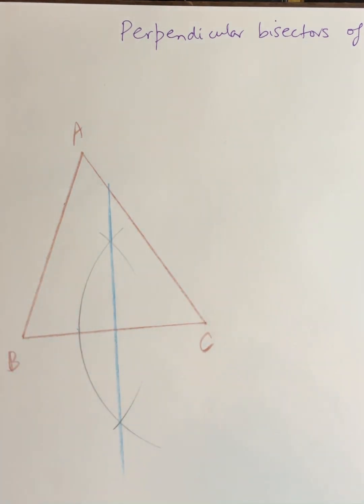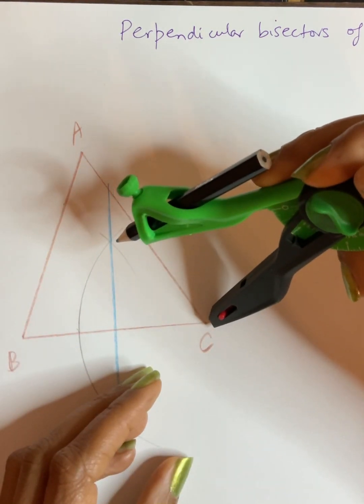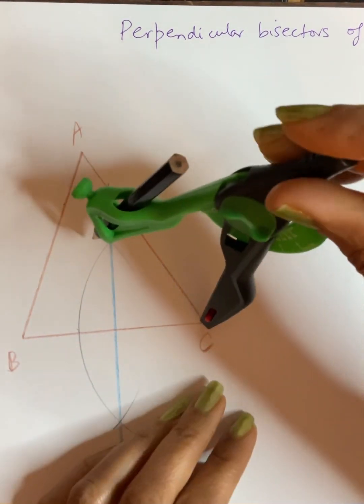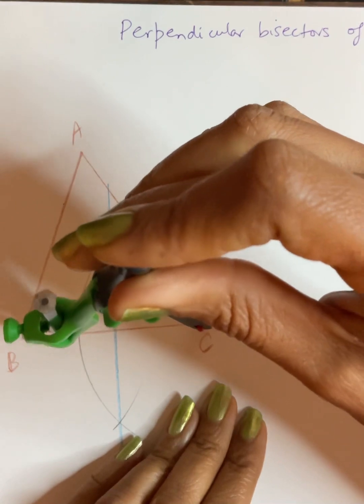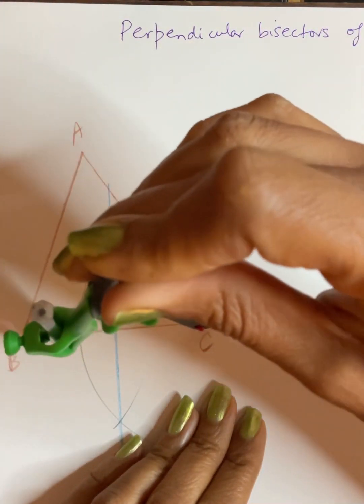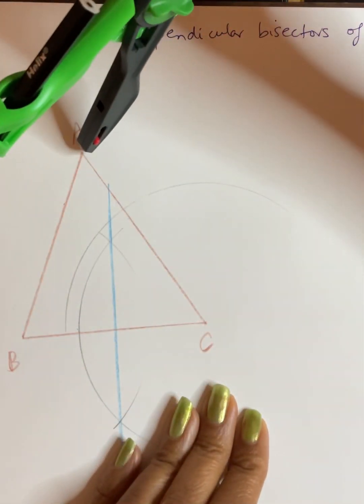And then I am going to repeat that step. I'm going to do a perpendicular bisector of segment AC. And once again, I just need a little bit more than halfway. I just need to know where the two arcs are going to intersect.